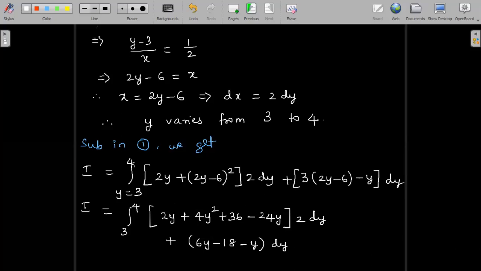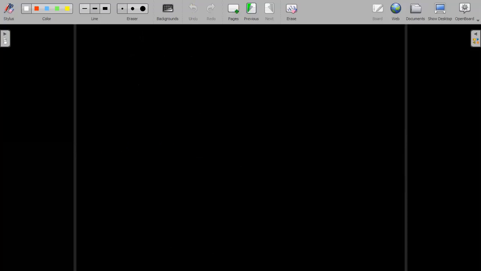I can now group the like terms. I have minus 24y plus 2y. Minus 24y plus 2y, I can group together, which will be minus 22y. So we get I is equal to the integral 3 to 4.